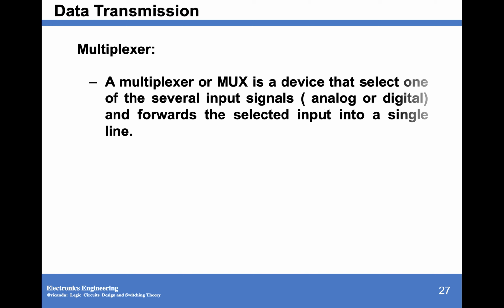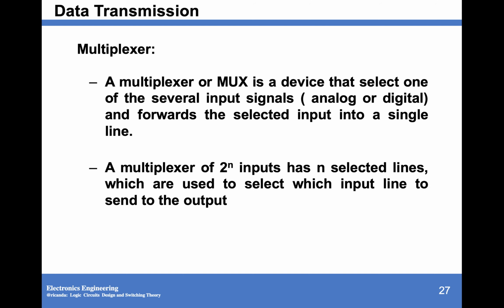So a multiplexer also is a device that selects one of the several input signals. It's either analog or digital and forwards the selected input signal into a single output line. A multiplexer of 2 to the n inputs has n select lines which are used to select which input line to be sent to the output.